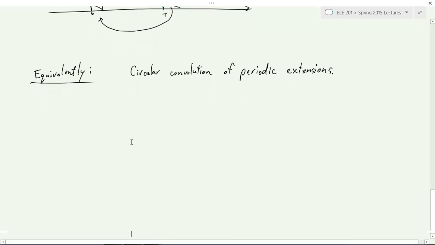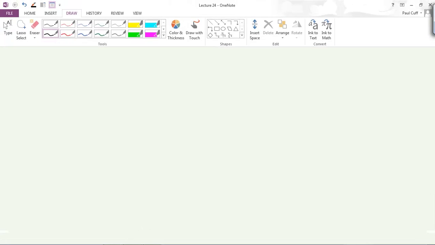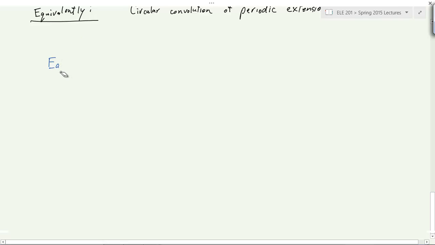So let's do a discrete time convolution that we can actually work out here. Let's define x[n] as just a signal with four numbers. So it's 1, 2, 1, 0.